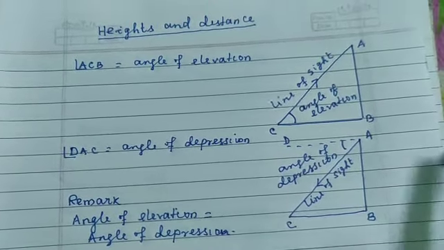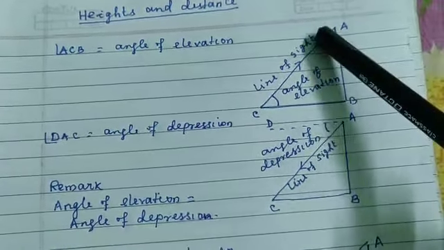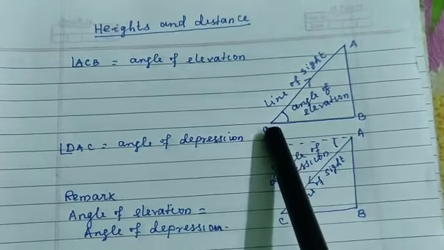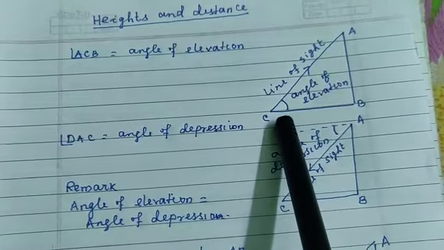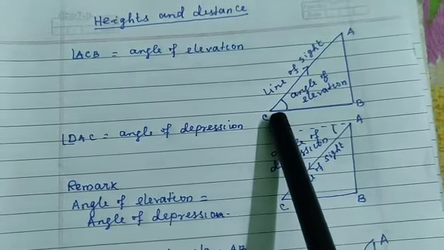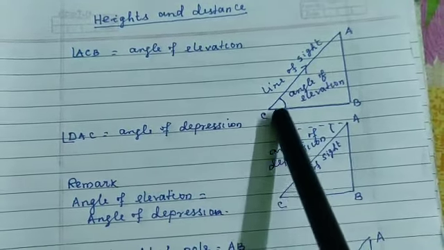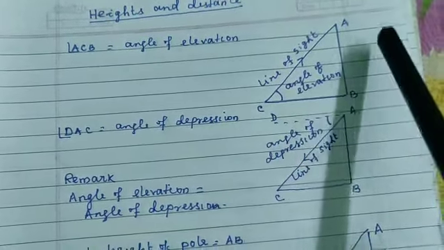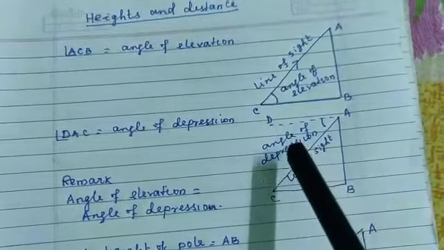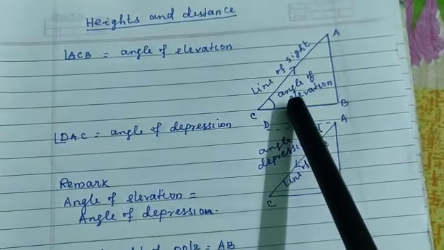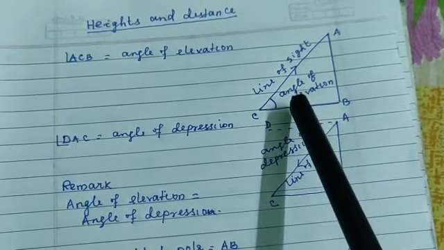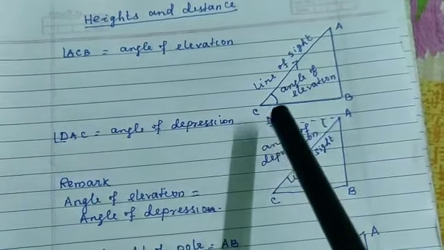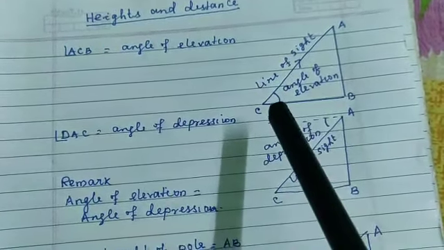Now let AB be a tower or a pole. A person is standing at a point C, that is a horizontal point. AC is a line of sight, which is seeing the upper point A. So the angle formed between BC and CA, when he sees the top of the building, is called the angle of elevation.